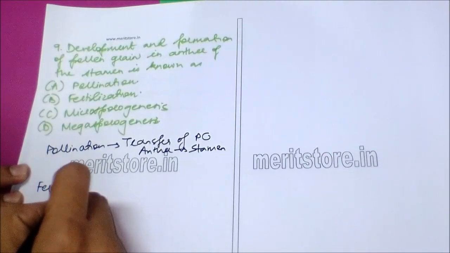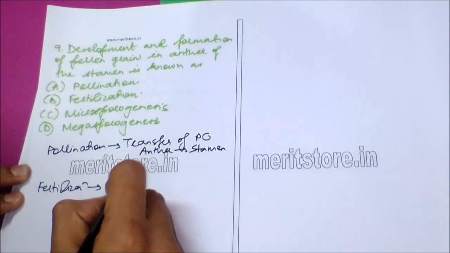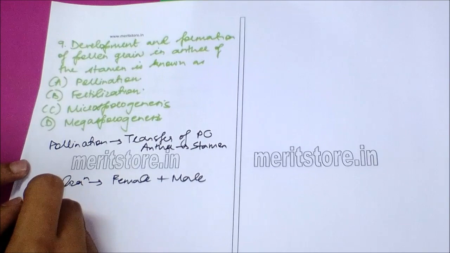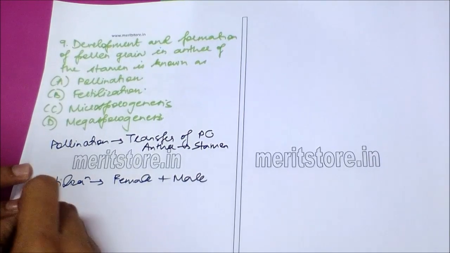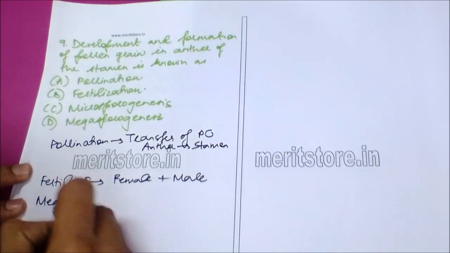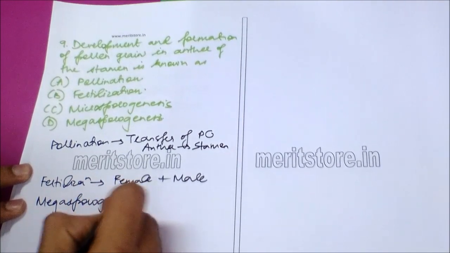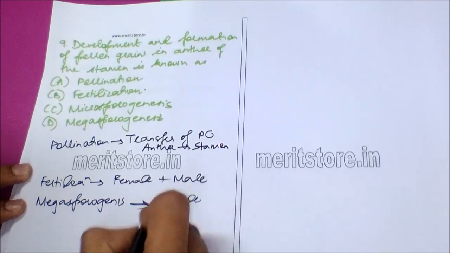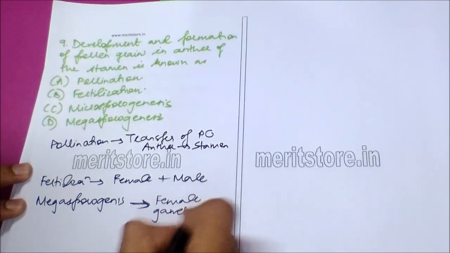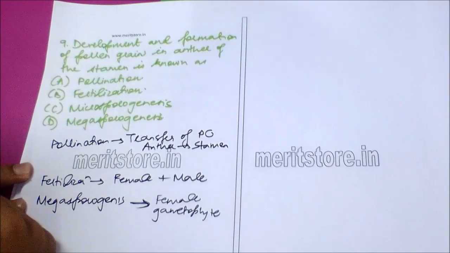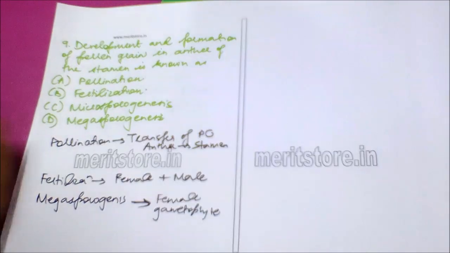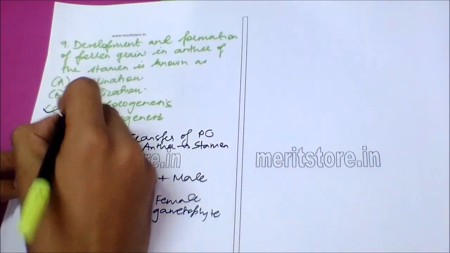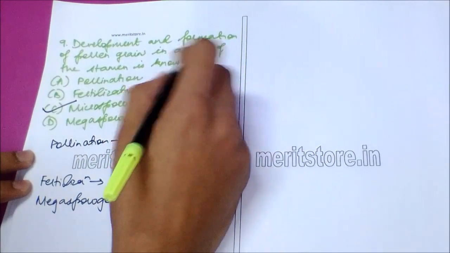Fertilization is a process wherein the female and the male gametophyte combine to give rise to an embryo. Megasporogenesis is the process which involves formation of megaspores, which are a precursor to the female gametophyte, while the development and formation of pollen grains or microspores, which are male gametophyte precursors, is known as microsporogenesis, which is occurring in the anther on the stamen.